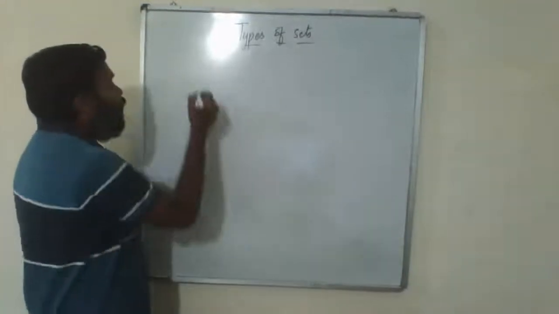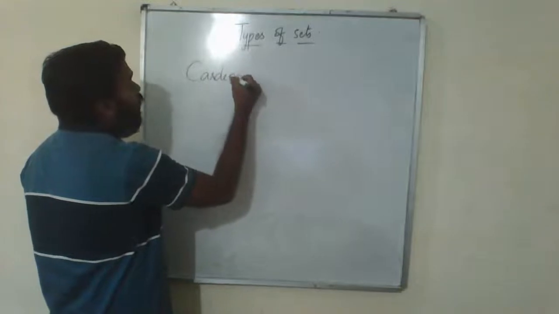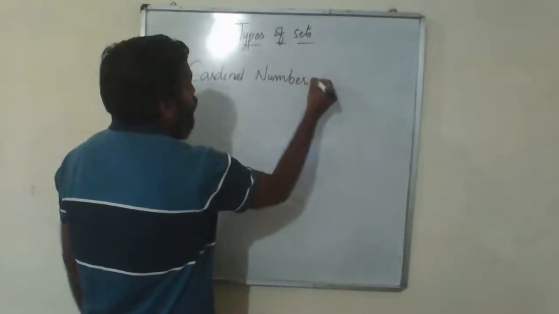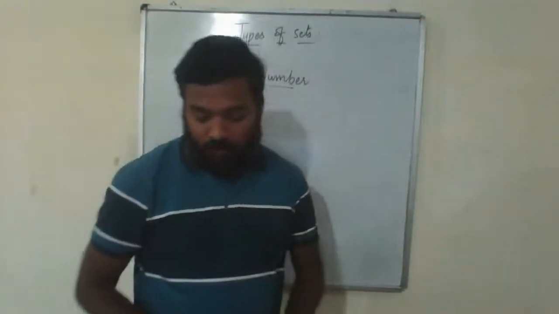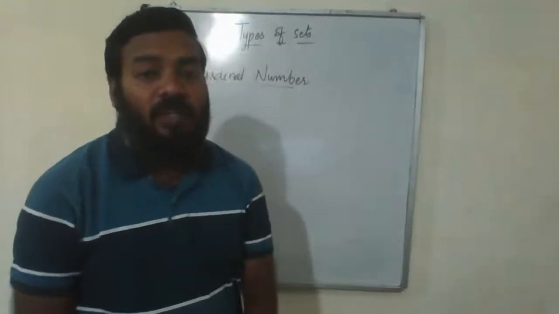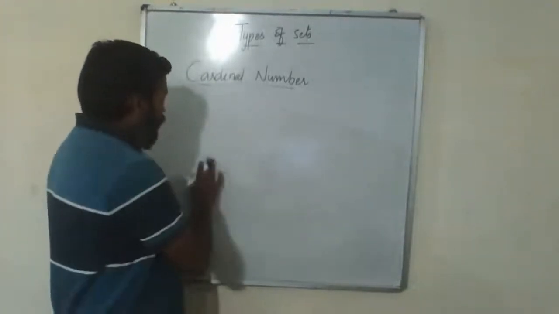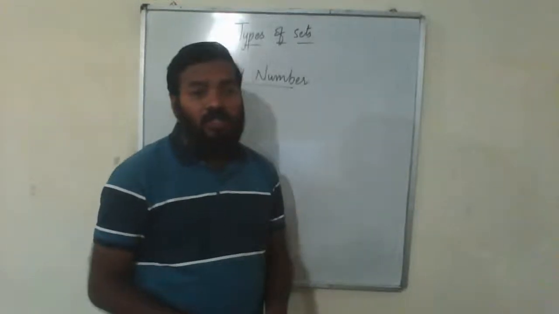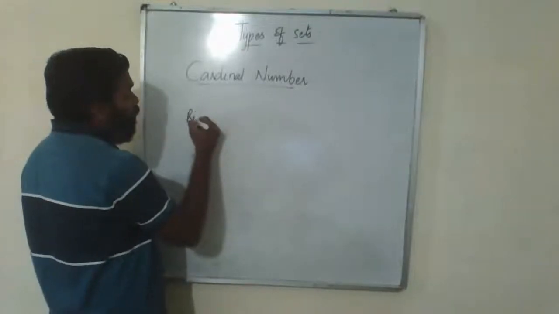Before that, we need to know a term called the cardinal number of a set. First of all, a set is a collection of well-defined objects, and we represent it in roster form and set builder form.